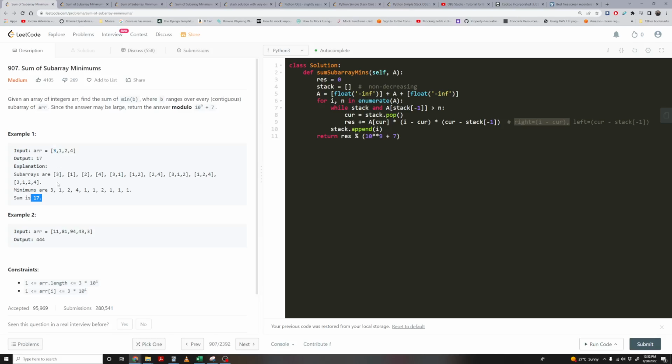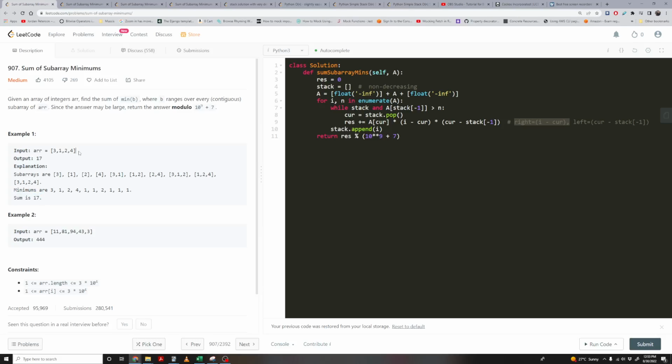Or just let's say 1. 1 is repeated 6 times, so it's the minimum value of 6 arrays. The value is 1. 6 times 1 is going to be 6, so the share of 1 is going to be 6.